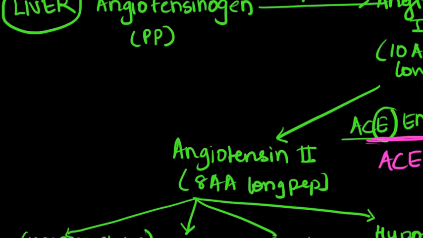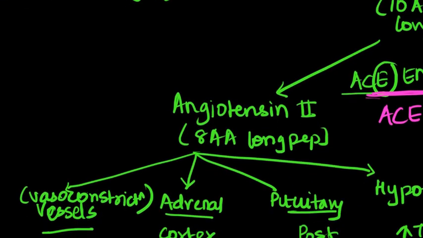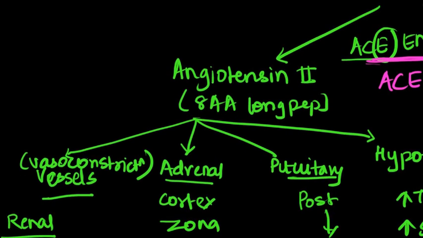The only drawback is that angiotensin converting enzyme is also responsible for the breakdown of bradykinin in the bradykinin kallikrein pathway. So when you have an ACE inhibitor, the bradykinin does not get broken down, due to which you have the cough side effect and the rash side effects due to ACE inhibitors.